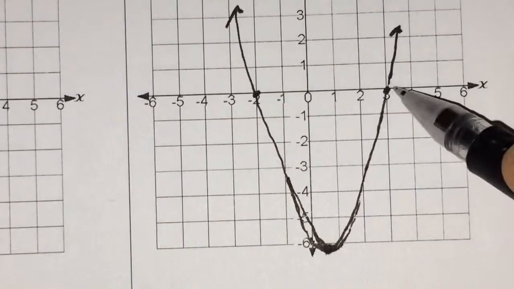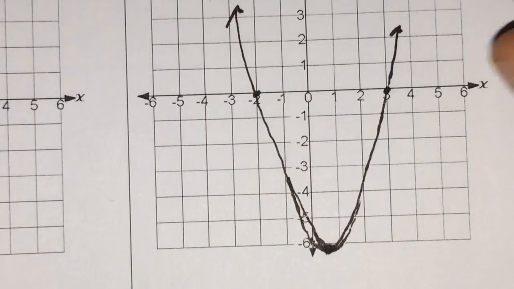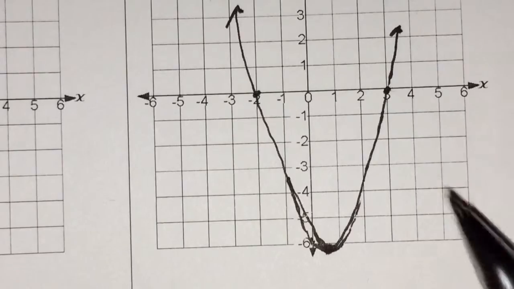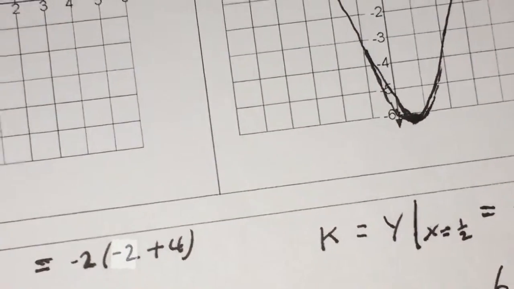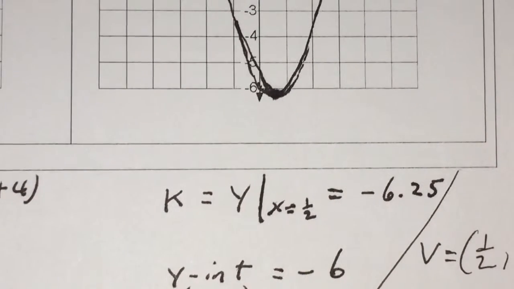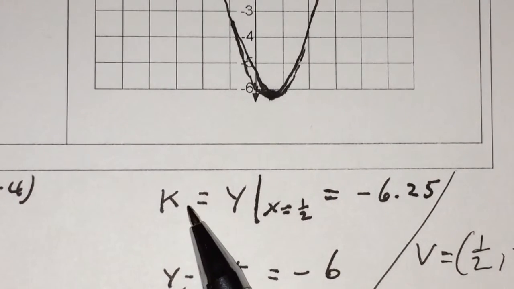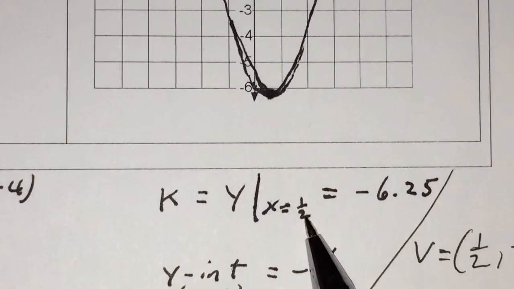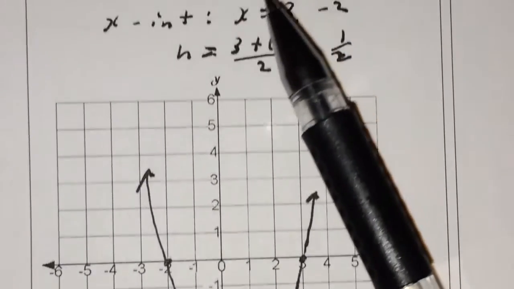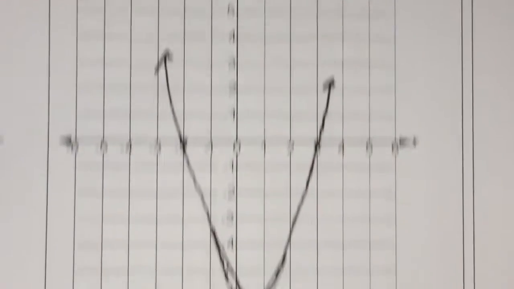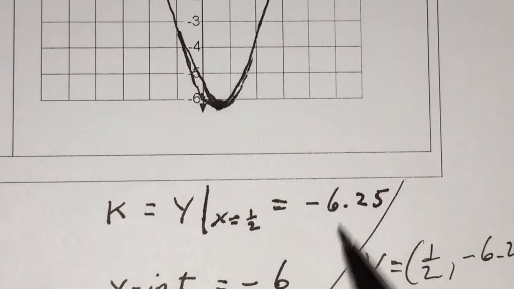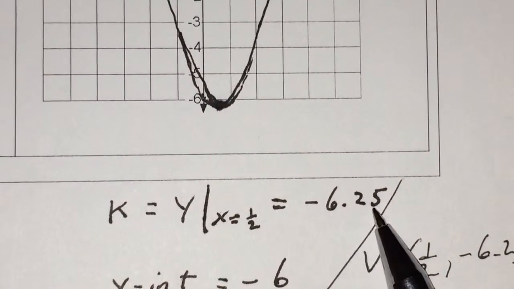Now, how do I get the y-coordinate of the vertex? I got the x-intercepts here, negative 2 and 3, plotted. So I get the y by plugging 1/2 into the formula. So k is y evaluated at x equal to 1/2. I put 1/2 in for x, and I would get negative 6.25.